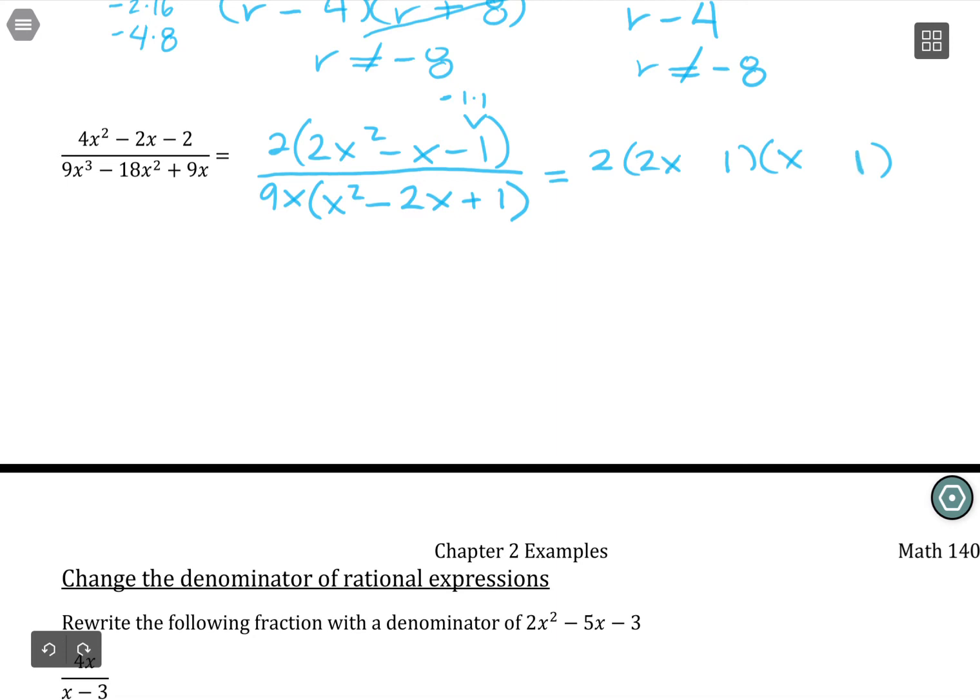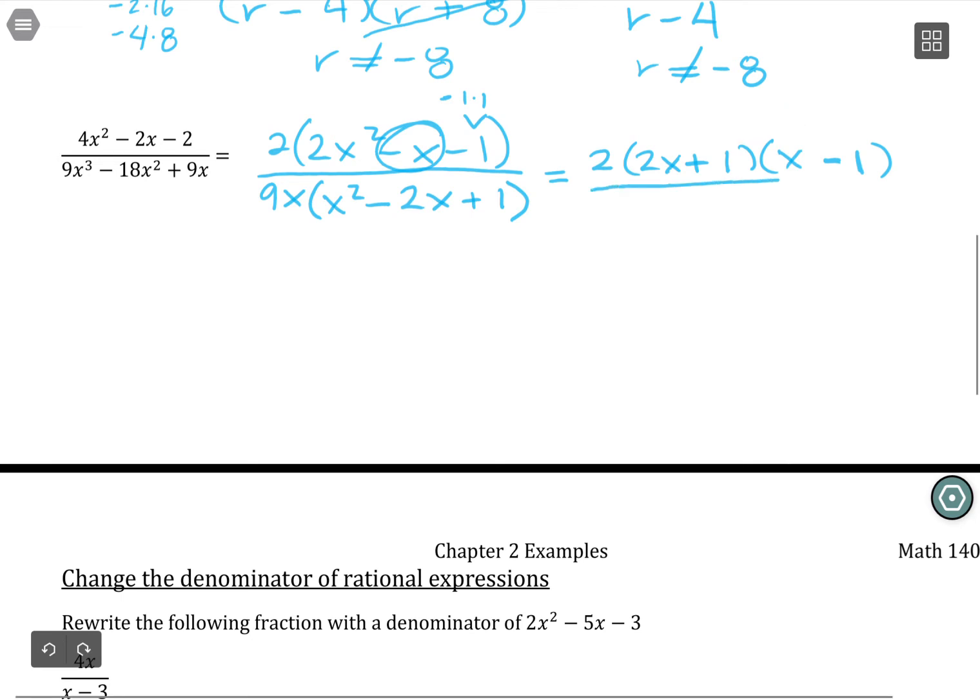So if my inside-outside, outside-inside, are 2x and x, and I'm hoping to get a middle term of negative x, I better make that a -2 and a positive 1. So I'm going to put the negative over here, the positive in the middle.